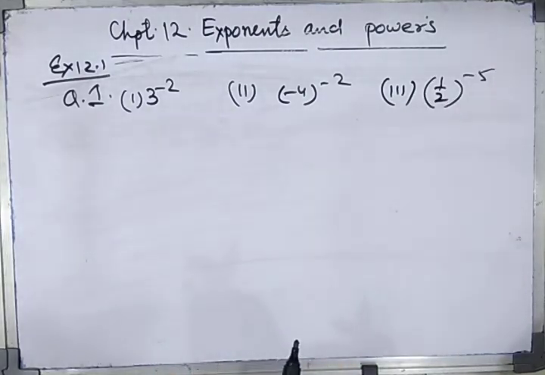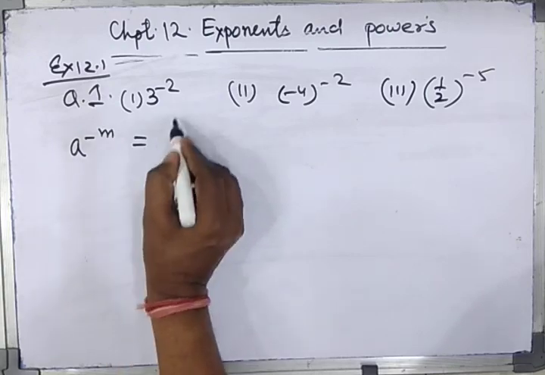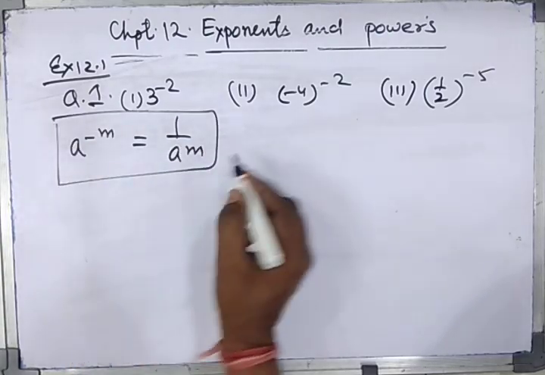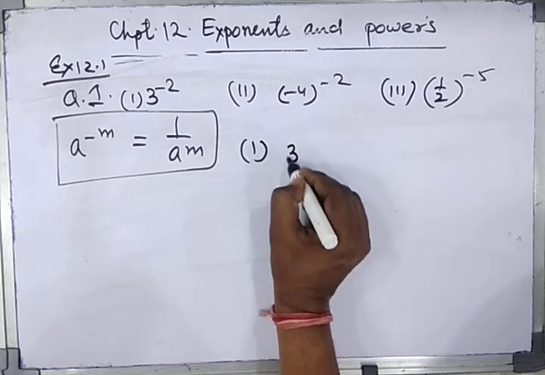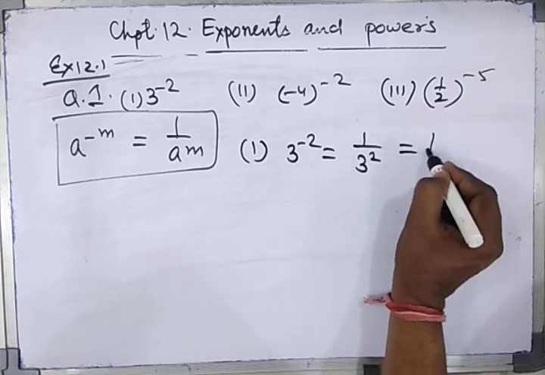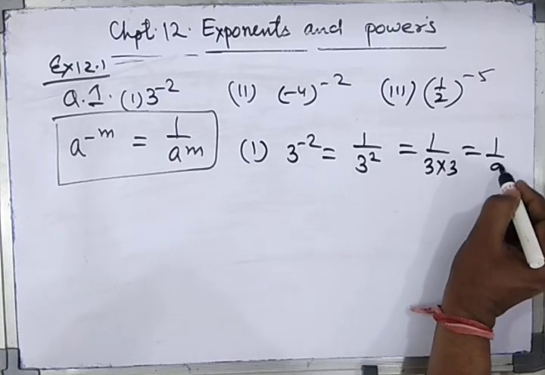So student, use the formula a raised to minus m is equal to 1 by a raised to m. This is the formula. So first one, 3 raised to minus 2 is equal to 1 by 3 raised to 2, is equal to 1 by 3 into 3, is equal to 1 by 9.